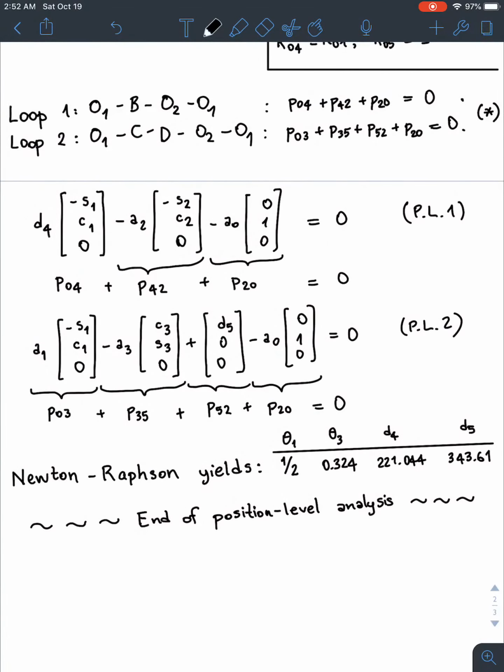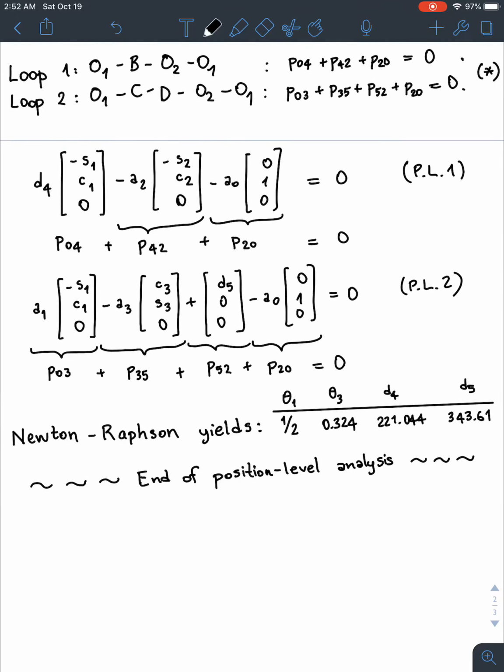All right, welcome to the velocity level analysis part. We had left off after we derived PL1 and PL2 last time, and in the off time I plugged them into the Newton-Raphson algorithm, and I just plugged in the results that I got right here.